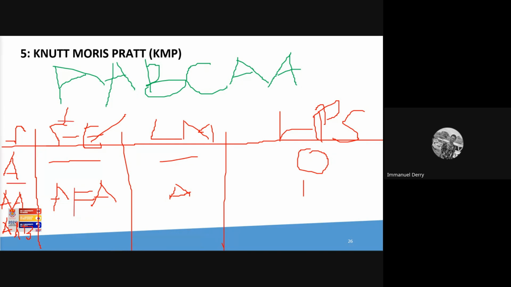So the starting is AA and the end is AB. Please, are we clear? The starting is AA and the end is AB, which basically means that there's no match over here. So this two, there's no match. So we can put a dash over here and then the LPS is going to be 0. Is that clear?